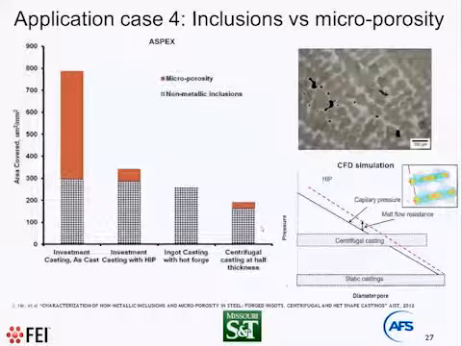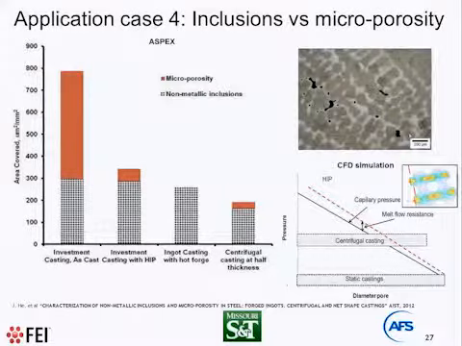Now I would like to show you another interesting application of automatic inclusion analysis. We have different features in metal casting. So we have non-metallic inclusions, but we also have so-called microporosity. You can see a picture of this. This microporosity between dendrites is the last portion of liquid solidified without the possibility to feed.